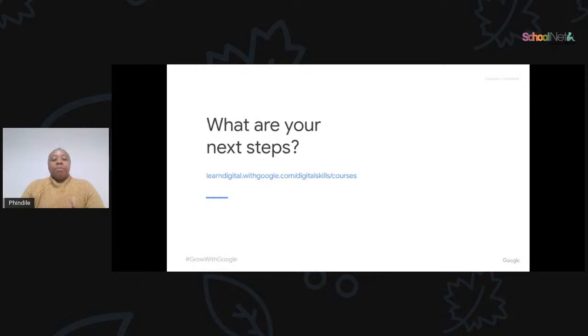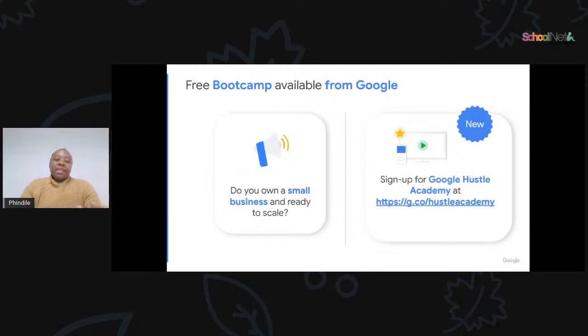Today's session was just the beginning, to let you in on how you can create Google Ads. So the next step is for you to think about what you want to do for your business to advertise online, to put your business online. What will you be implementing first? Take it step by step, create those ads online, and make sure that people are able to find your business when they are searching online.